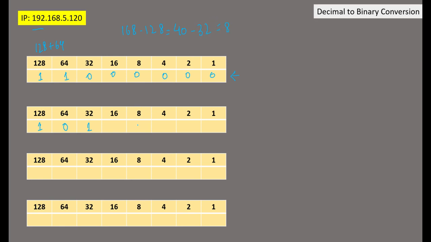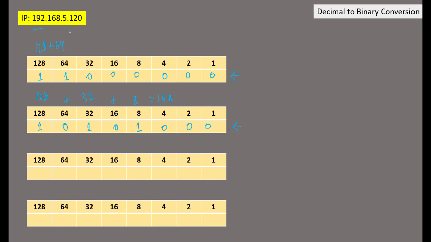And as you can see, I have a bit having power of 8. So I will turn this bit on, and the remaining I will just turn them off. Now if you add 128 plus 32 plus 8, we will get the answer of 168. So this is the binary representation of 168.